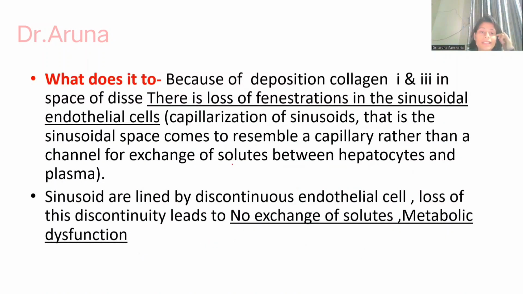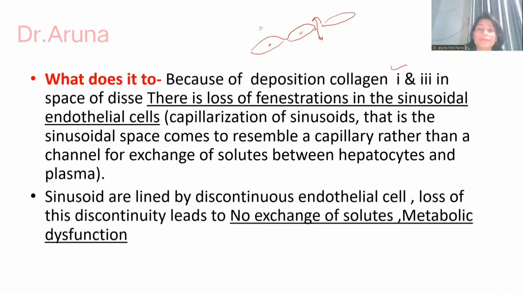Now, what do these stellate cells do? Because of the deposition of collagen 1 and 3 in the space of Disse, there is a loss of fenestration in the sinusoidal endothelial cells. As I told you, the endothelial cells are not continuous, they are discontinuous, so that transportation of solutes can take place.